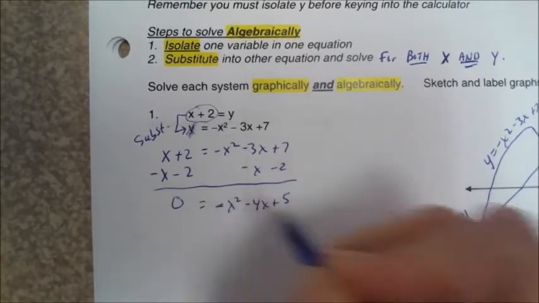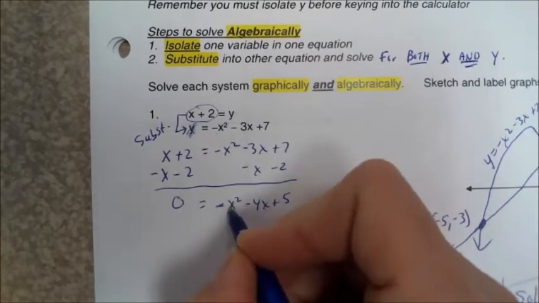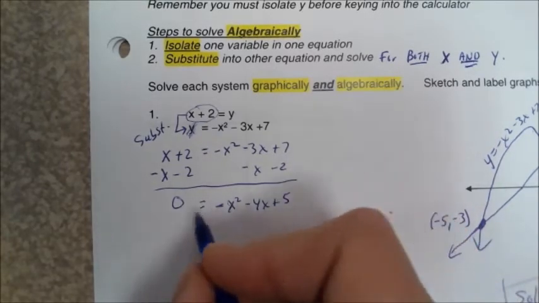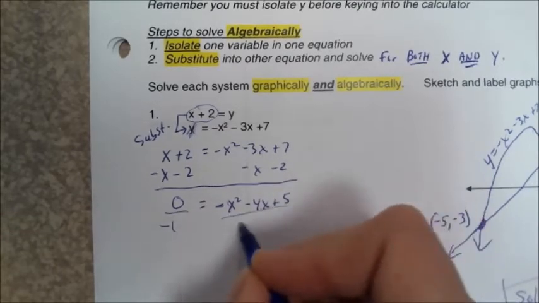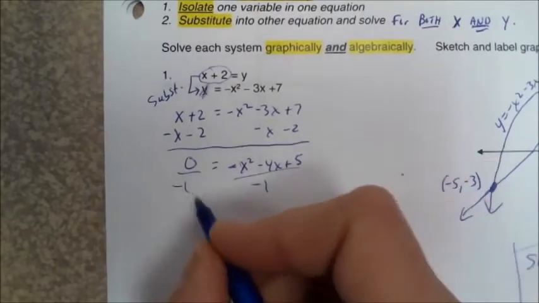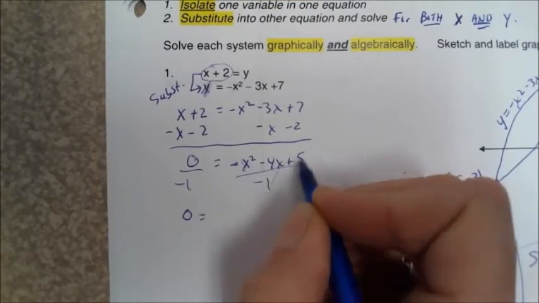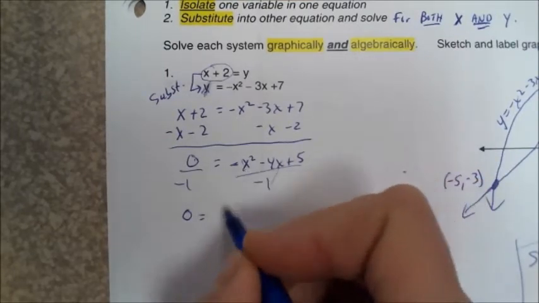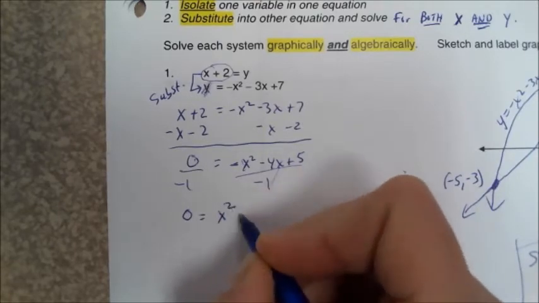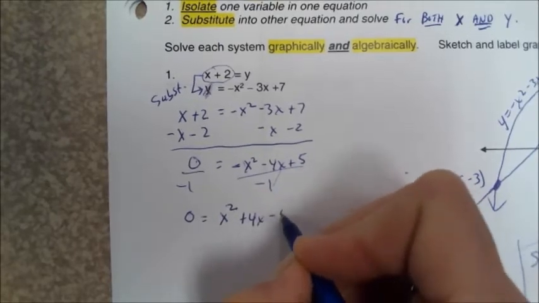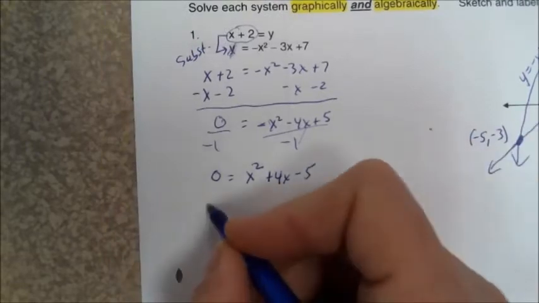Well, I don't like this -x squared. When I factor something, I want it to be positive. So we're going to divide both sides by -1, which 0 divided by -1 is still 0. And then all of these get divided by -1. It just means you're going to change all of the signs, x squared plus 4x minus 5. So now we're ready to factor this.